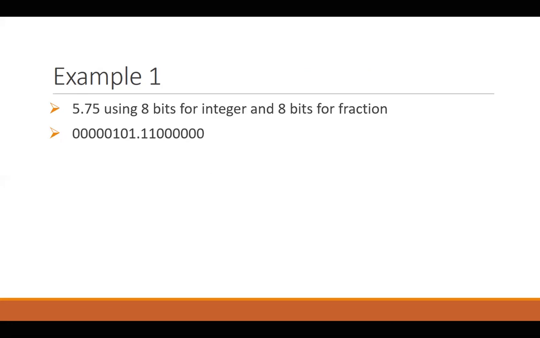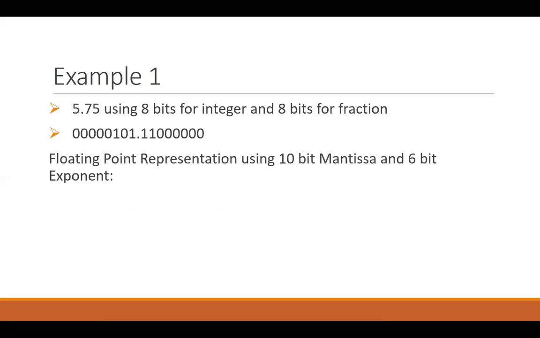Now what I'm going to do is use a floating point representation, and in that I'm going to use 10 bits for mantissa and 6 bits for exponent. Now, in an unnormalized way, I just picked the point here and counted 1, 2, 3, 4, sorry, 5, 6, and 7.